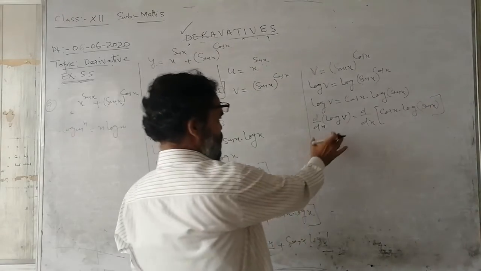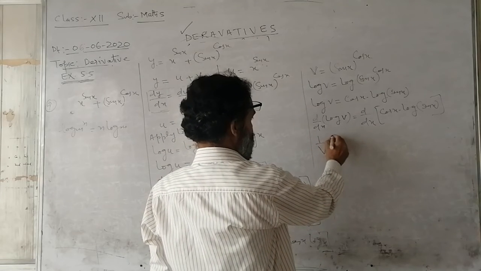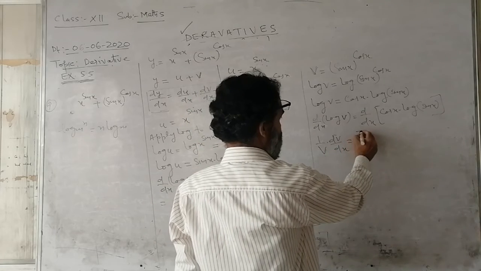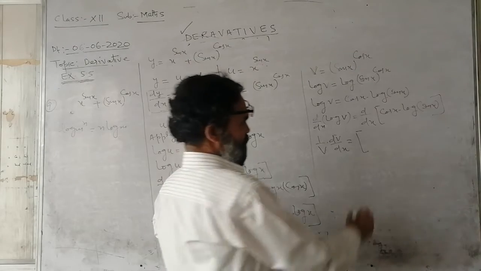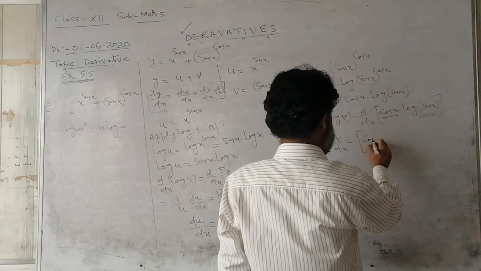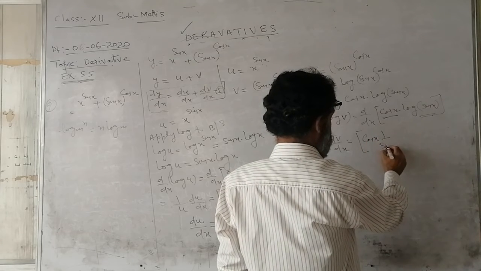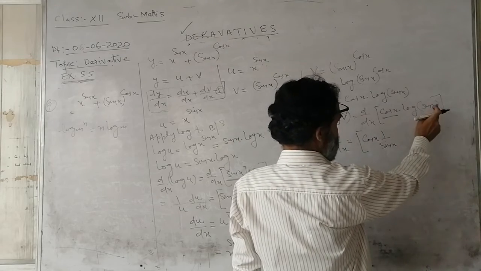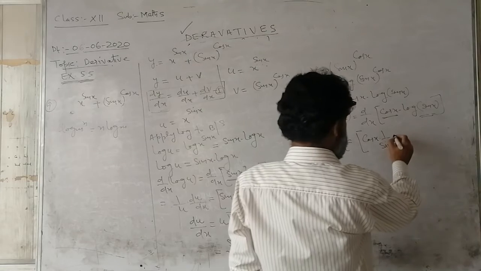So its derivative is 1 upon v into dv upon dx. This is equal to, by the product rule, this is the first function, this is the second function. So first function into derivative of second function, and derivative of second function is 1 upon sin x into its derivative, that is cos x.